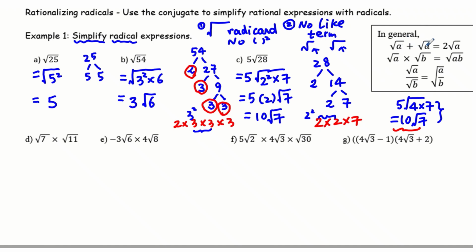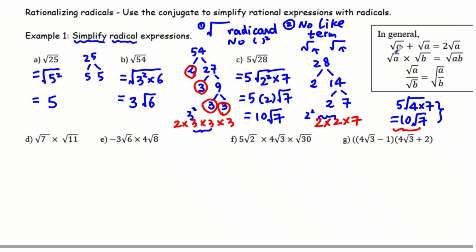Square root a plus square root a: the same radical sign and the same radicand, we call them like terms. When you add or subtract like terms, you just add or subtract the number at the front. So 1 plus 1, there are no numbers, meaning 1, and 1 plus 1 is 2. This is the first rule.